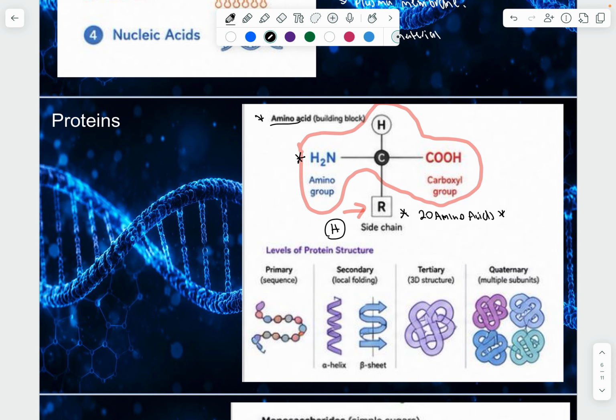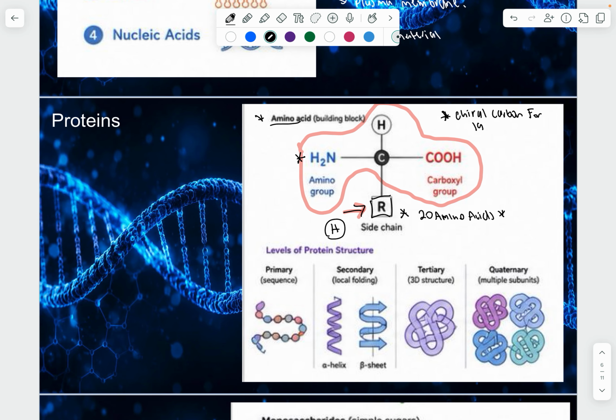Another thing to note about amino acids, again, this is like an introduction, but just to go into a little bit of detail, this is what we call a chiral carbon for 19 of your amino acids, because 19 of the 20 amino acids have R groups that are not H, H2N, H, and COOH.